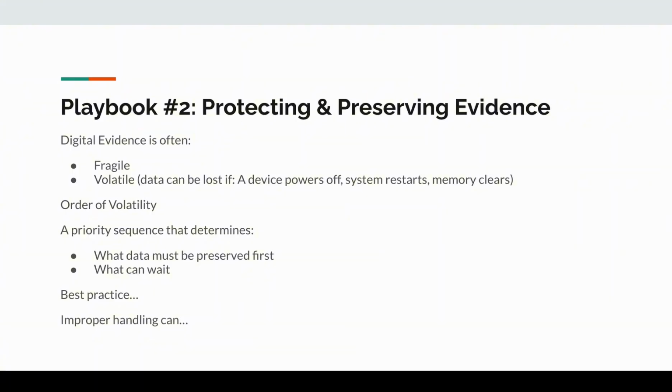The first priority would be to preserve data before investigating it, right? The best practice would be to make copies of the evidence, investigate that copy instead, and keep the original untouched. Improper handling can alter evidence, invalidate the investigation, and affect insurance or legal cases.